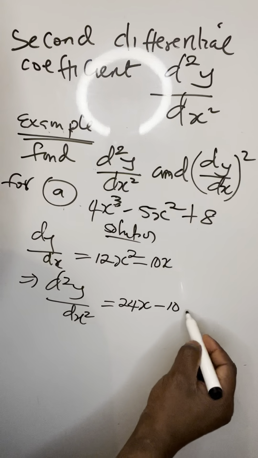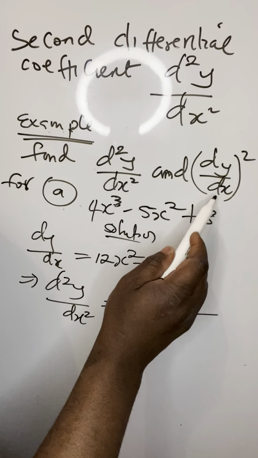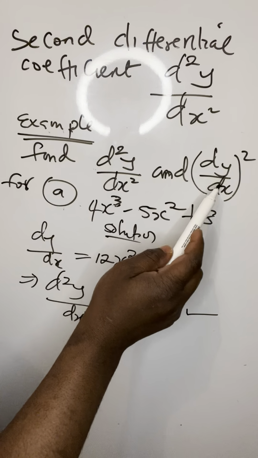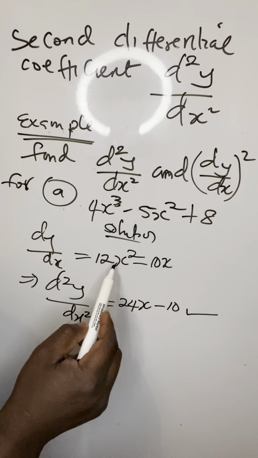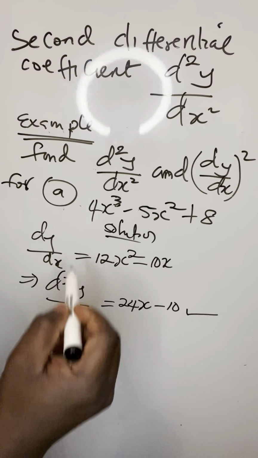Now this is actually different from this, as I said earlier. For you to get this, you consider the first derivative. You bring out the first derivative, which is 12x² − 10x, and you square it.